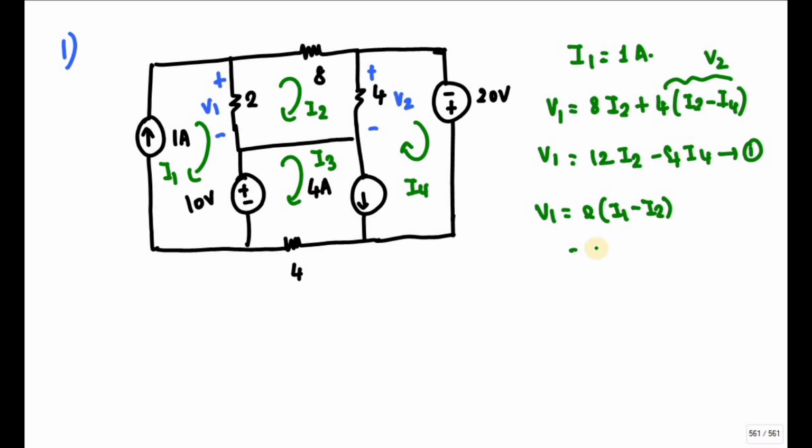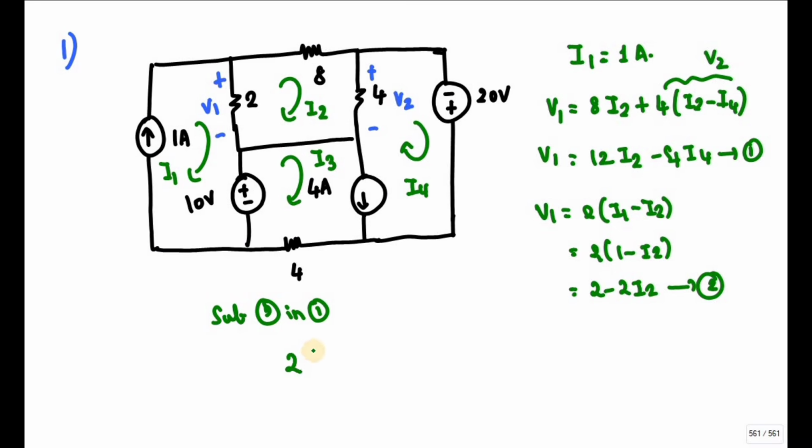Substituting I1 is equal to 1, I will get V1 is equal to 2 minus 2 I2. So this is my second equation.